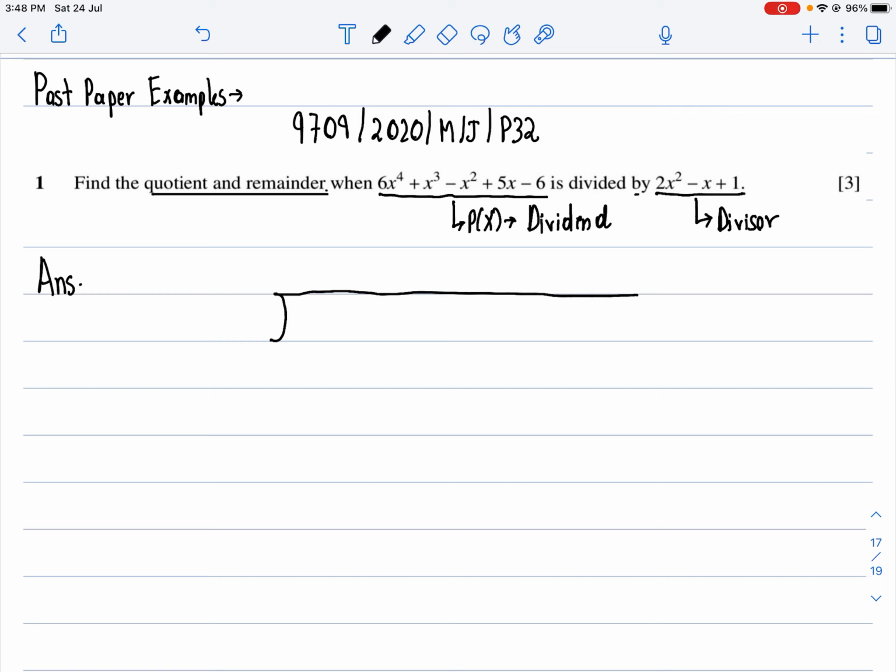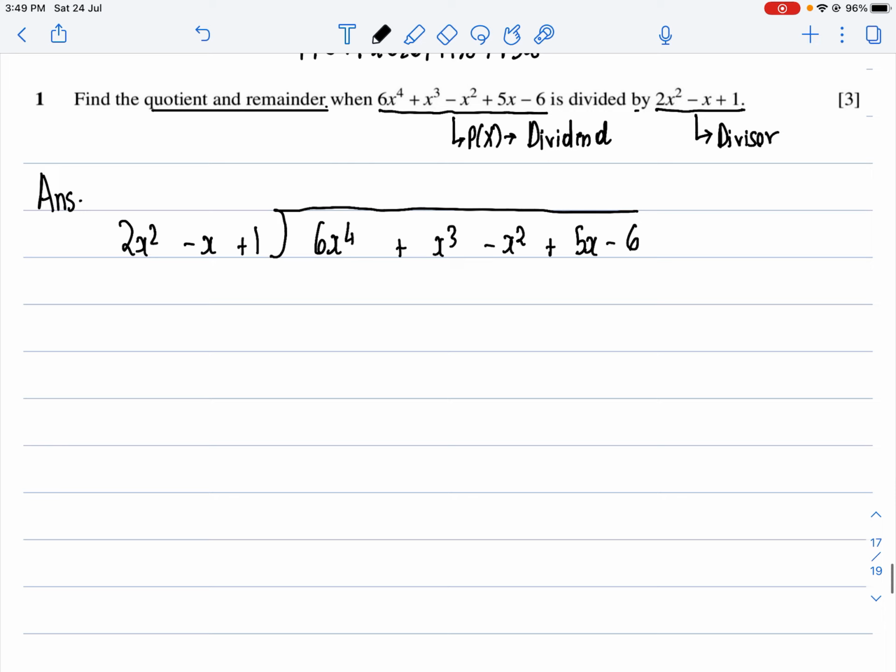So I can write 2x square minus x plus 1 here. I can write 6x raised to 4 plus x cube minus x square plus 5x minus 6 somewhere here. Correct? This is how I can write it.